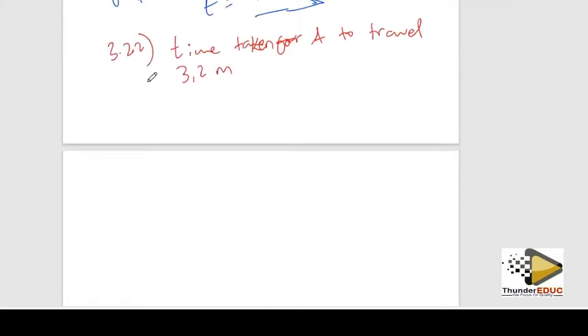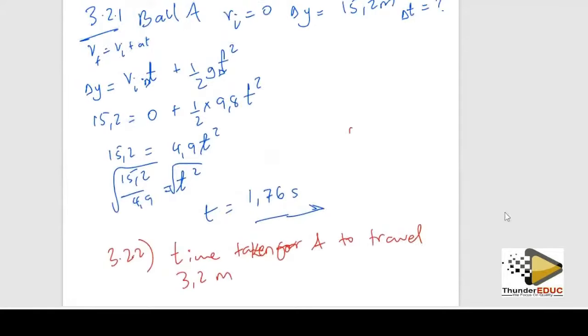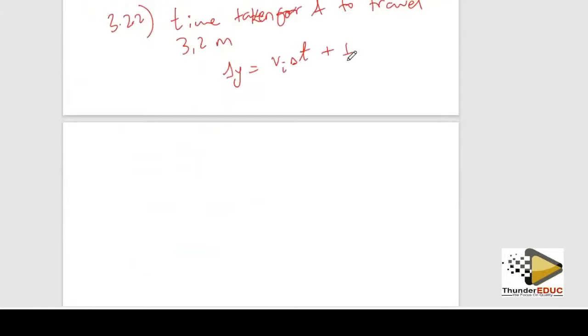Okay, so I can still use the same formula of delta y equals v initial delta t plus a half delta t squared multiplied by g. Where there's delta y, I'll have my 3.2. Initial velocity is 0, plus, remember object A is going down, so I'll still take my g to be positive. So that is a half times 9.8 delta t squared.